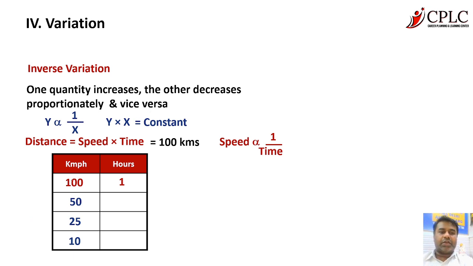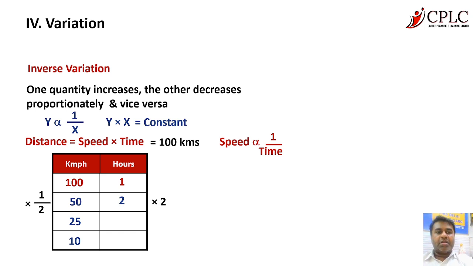So from 100 to 50, this is getting halved. Now if the speed is halved, then the time required will increase, because the speed reduced, so the time will become double of it. So if the speed is reducing to its half, then the time required will double.